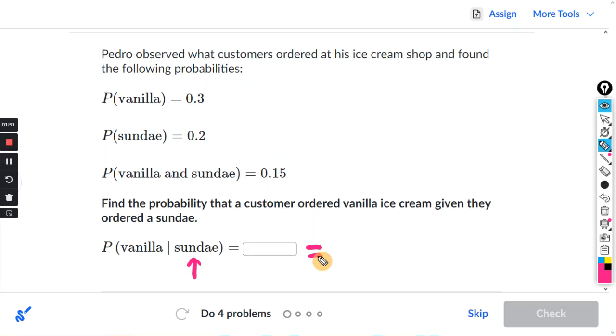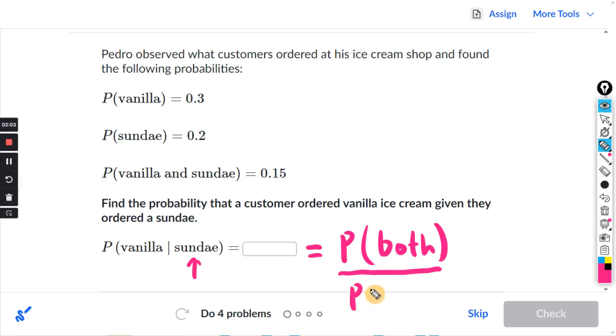So I'm going to use my informal formula. That is going to be the probability of both divided by the probability of what is given. Both vanilla and sundae, the probability of both was 0.15.